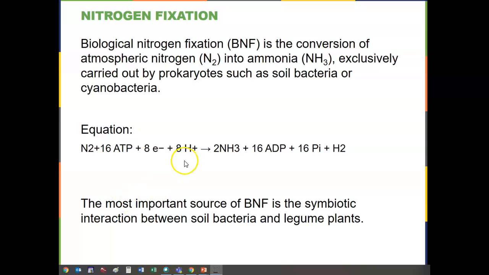This is such a critical relationship that what's happened is that, in addition to free living soil bacteria, in some of the primitive plants, particularly things like cycads and some ferns, we have symbiotic relationships between the soil bacteria and the cyanobacteria and plants.